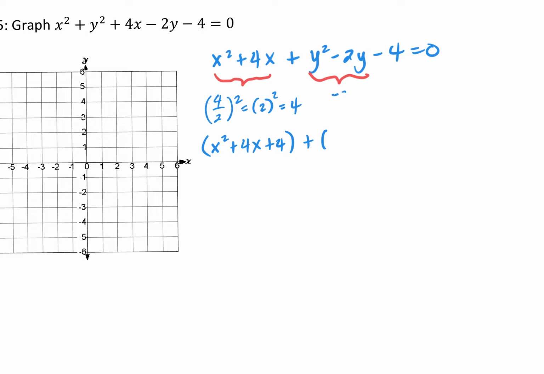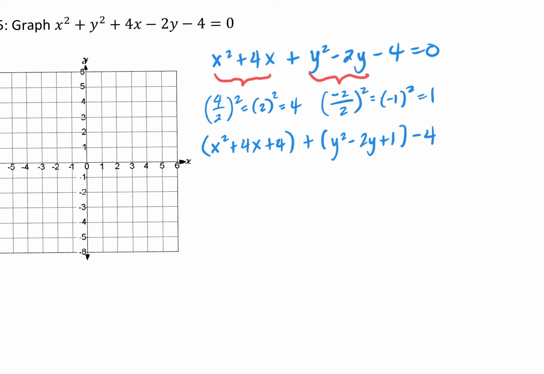So the minus 2y, we're going to take half and square. That's going to give me negative 1 squared, which is positive 1. So I'm going to have y squared minus 2y plus 1. And then I had this minus 4 on the outside.